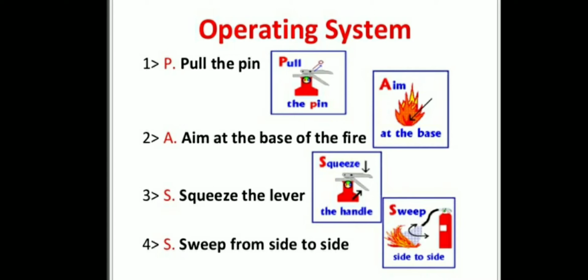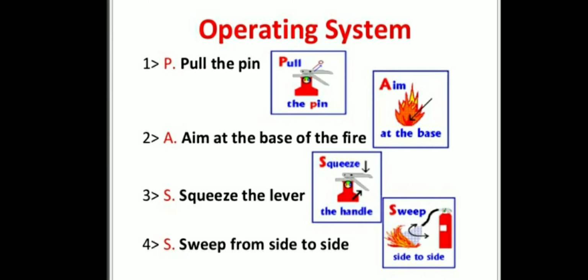So we have to squeeze it with our thumb, palm, and all fingers downwards. Then the fire extinguisher will work, and the CO2 or foam comes out. It's basically an opening.